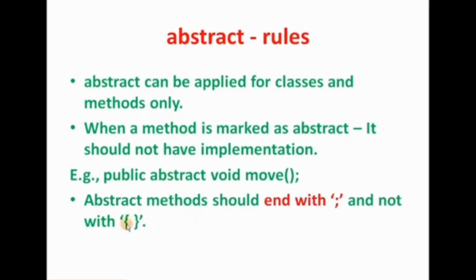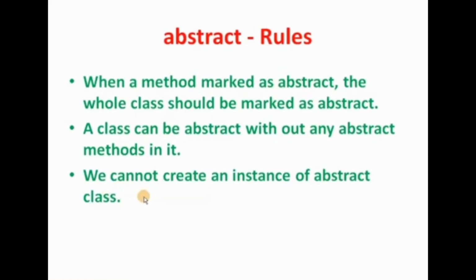For example, public abstract void move. An abstract method should end with a semicolon and not with braces. When a method is marked as abstract, the whole class should be marked as abstract. A class can be abstract without any abstract methods in it.